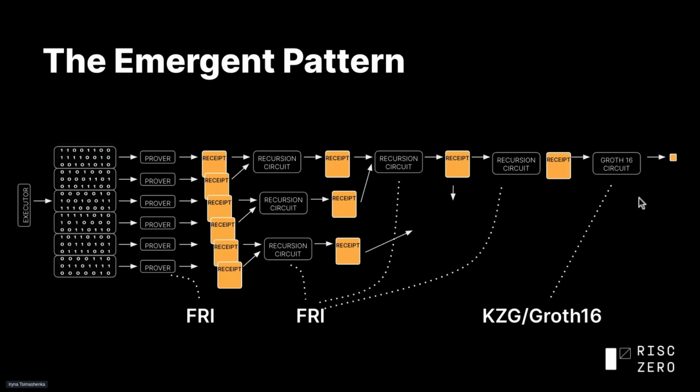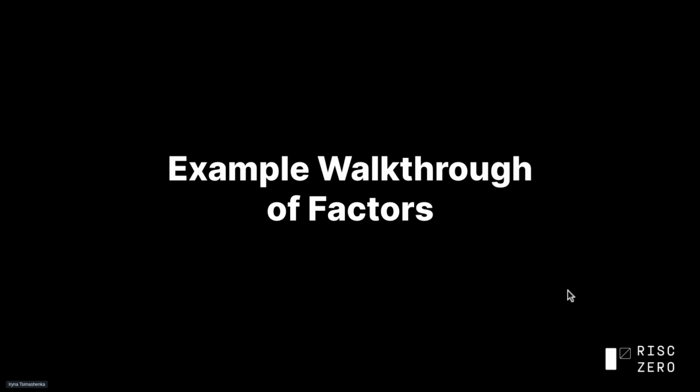And our snark receipt is 100 bytes, so it's quite a difference. And that's how we generate this snark receipt.